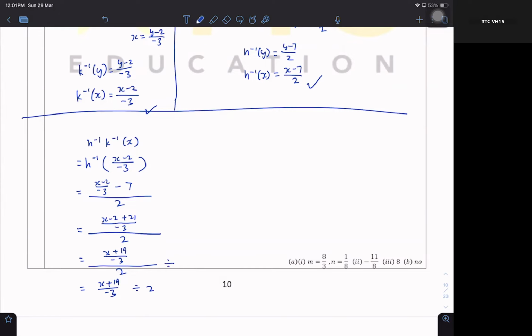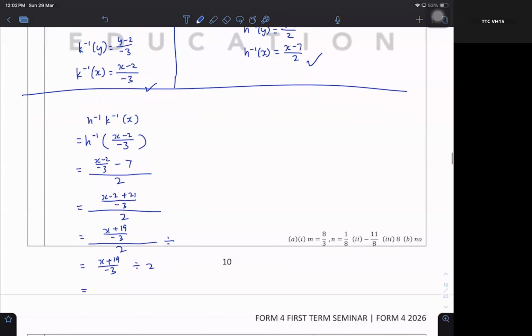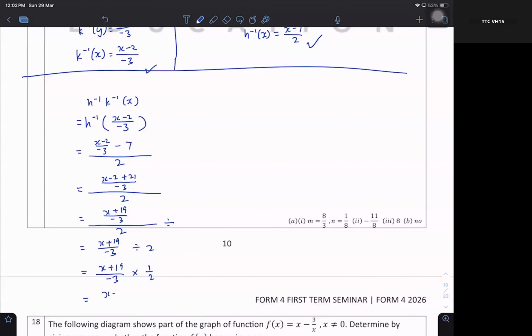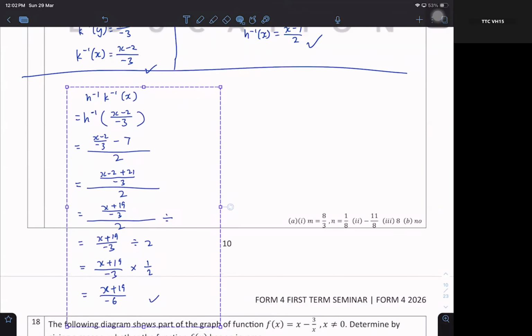Divide 2, and then divide becomes times, you flip it, right? This is what we learned in standard 6. Divide becomes times, you flip it. 2 flipped becomes 1 over 2. Then you times x plus 19 over negative 6. So that's H inverse K inverse.